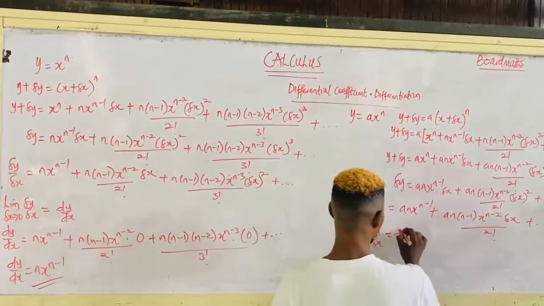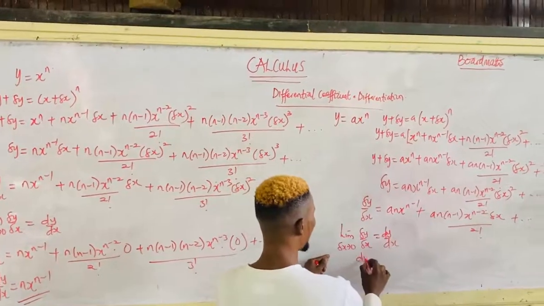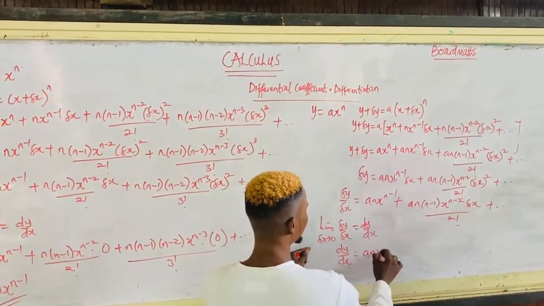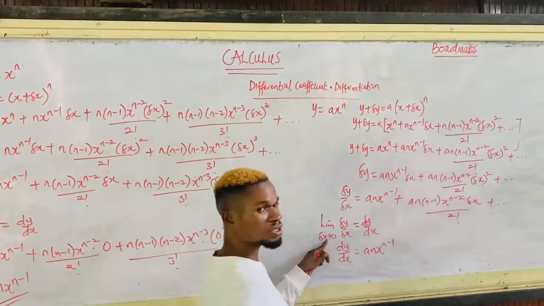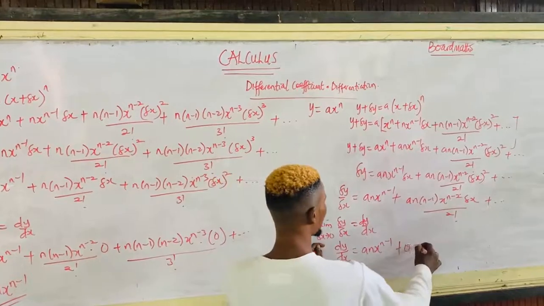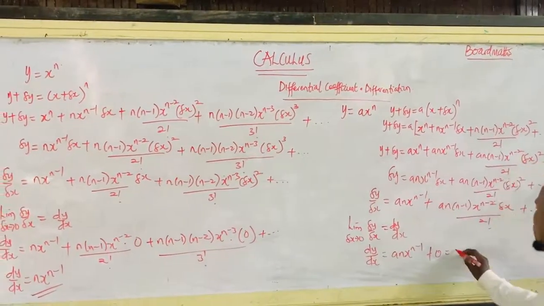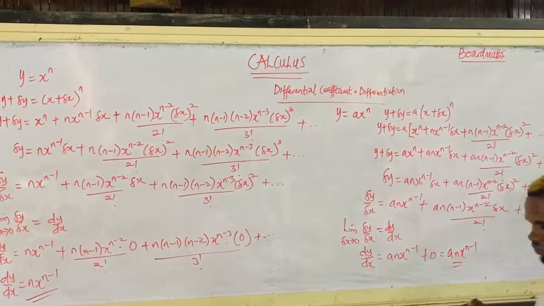That becomes dy dx. So write as dy dx is equal to anx^(n-1). Why this is what? Del x tends to what? 0 plus 0. So the derivative coefficient of y is equal to a x raised to power n is anx raised to power n minus 1.